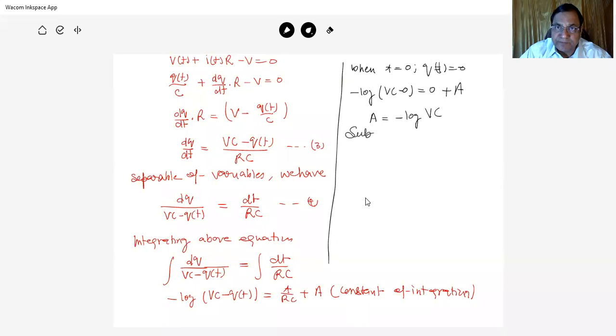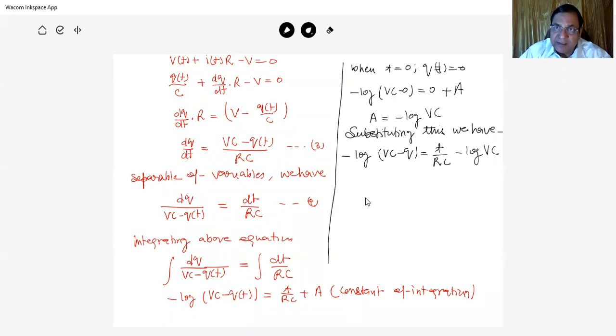Substituting this, we have minus log (Vc minus q) is equal to t upon RC minus log Vc.